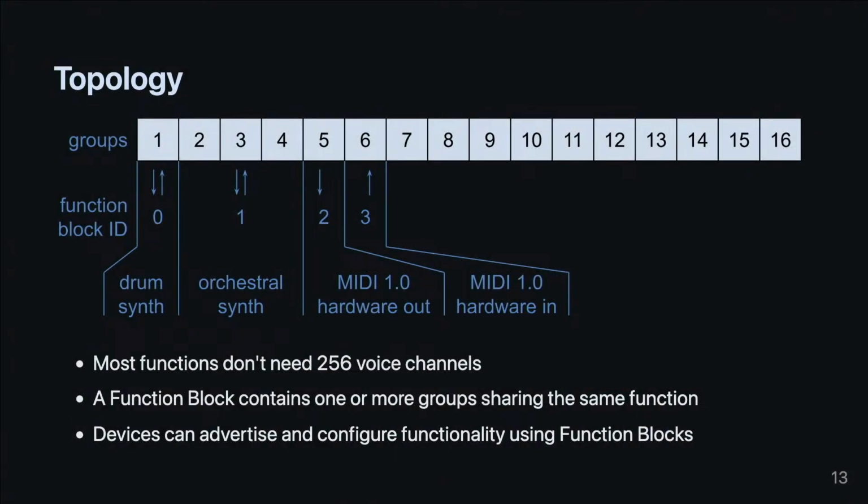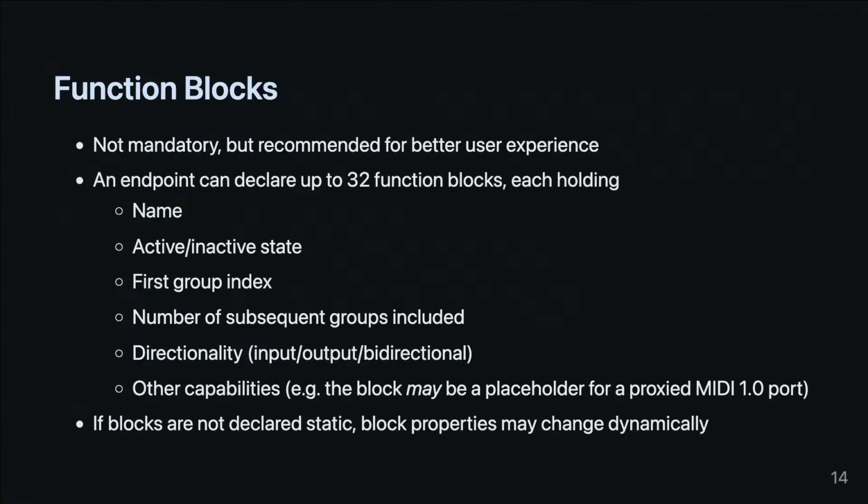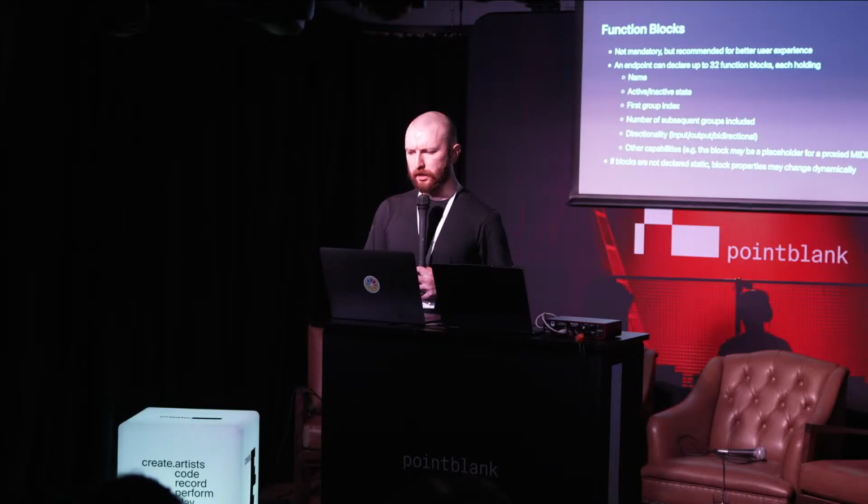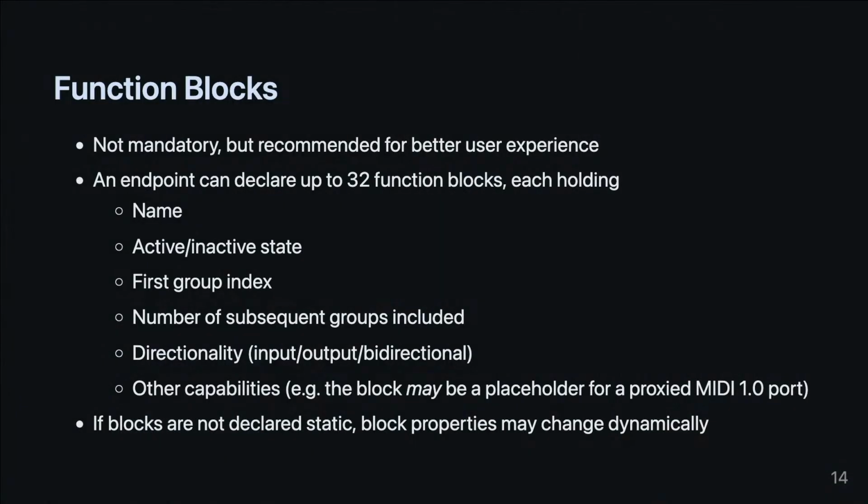So if you imagine a synth with a drum engine and an orchestral engine and then a couple of hardware inputs and outputs, each one of those entities might have its own function block. Function blocks are optional, they're not mandatory, but they're highly recommended for better user experience so that your users can actually see what functionality is available on their device rather than just having to manually route 256 channels separately, which I wouldn't wish on anyone.